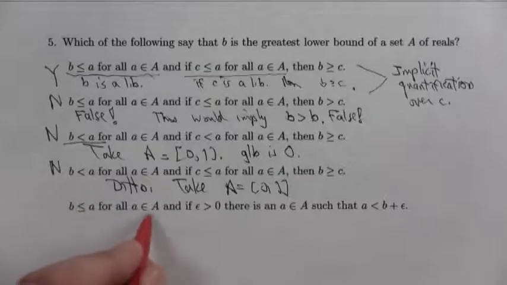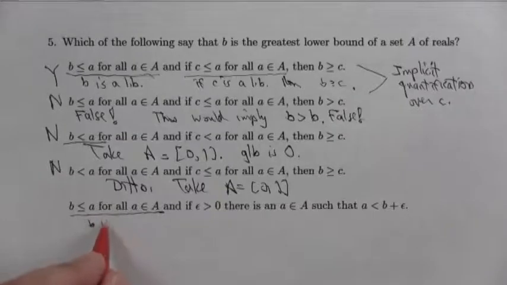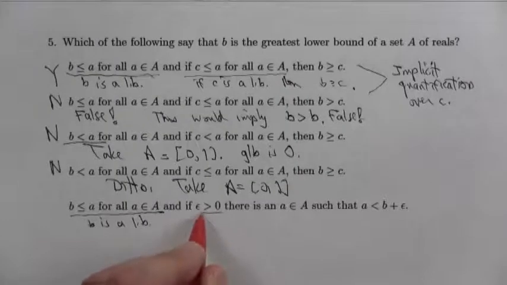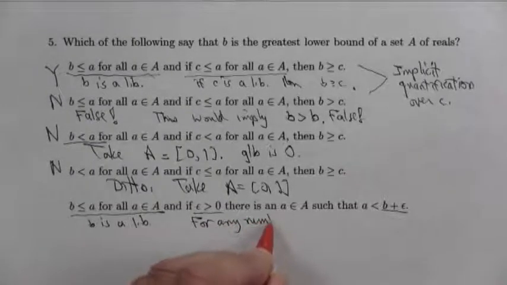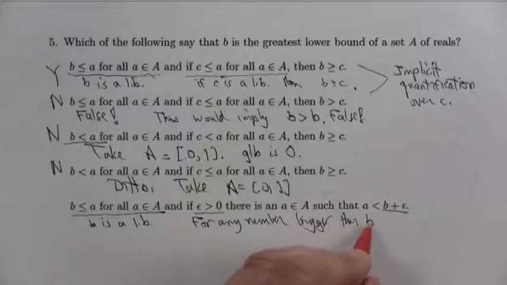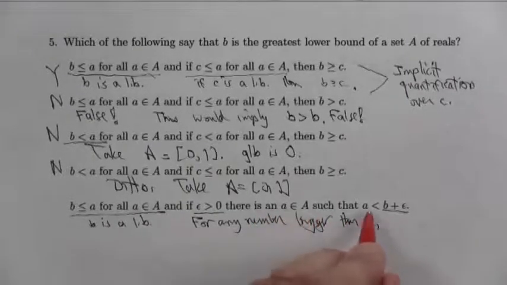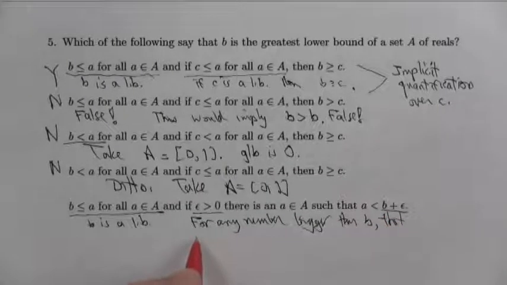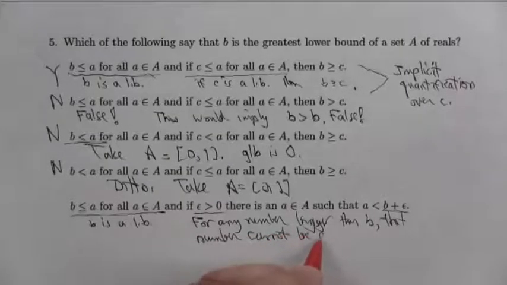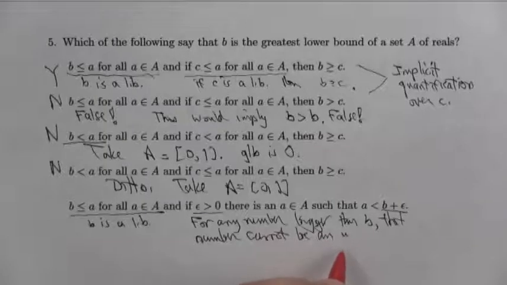What about this one? Well, this one says B is a lower bound. That's okay. This says, combine that with that, that says if I look at any B plus epsilon, so that says for any number bigger than B, there's an A which is less than it, which is another way of saying that number cannot be a lower bound.